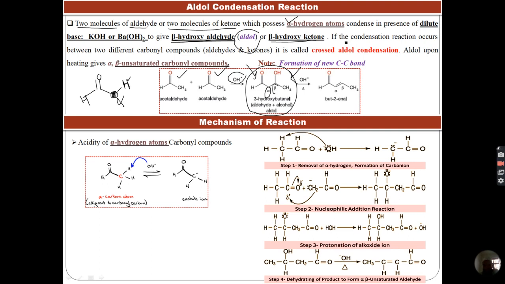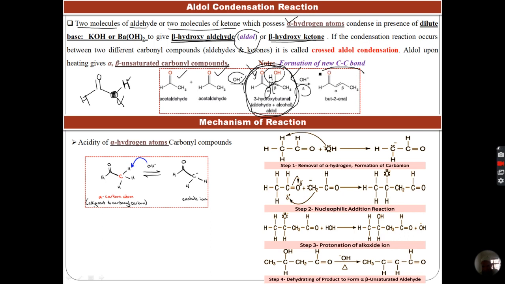Now this compound, which is formed as beta hydroxyaldehyde, is usually considered to be less stable. If we heat it, this molecule undergoes dehydration: a proton from this carbon and this hydroxide are lost in the form of a water molecule, and when H and OH are lost, you get a double bond here.